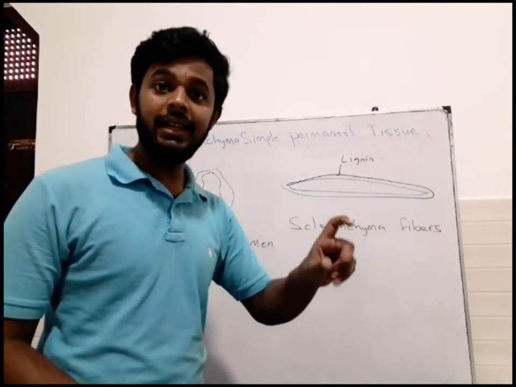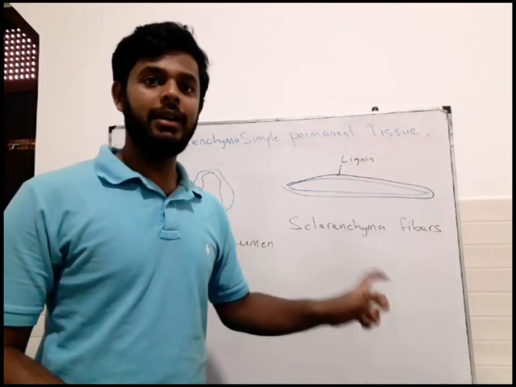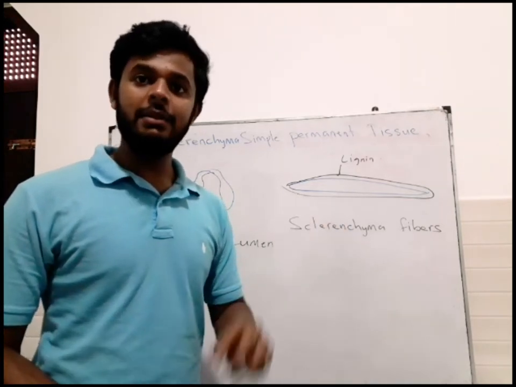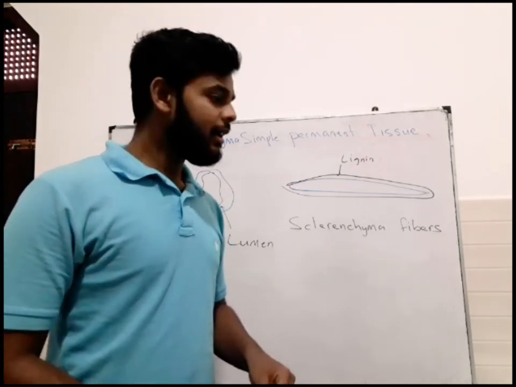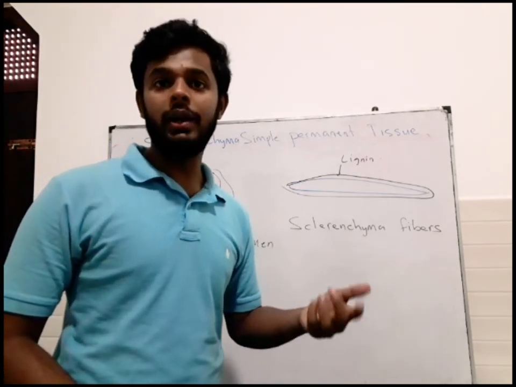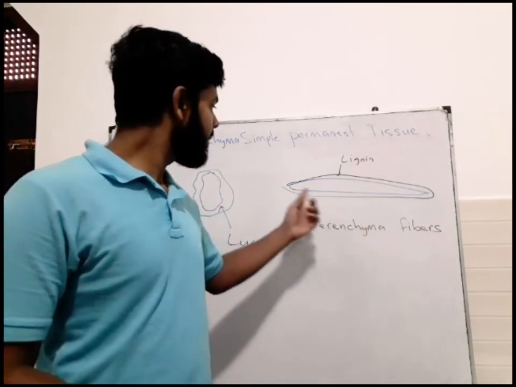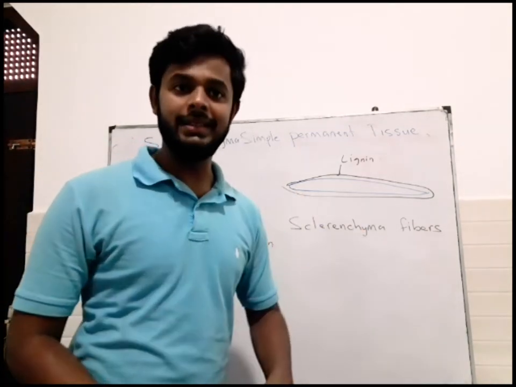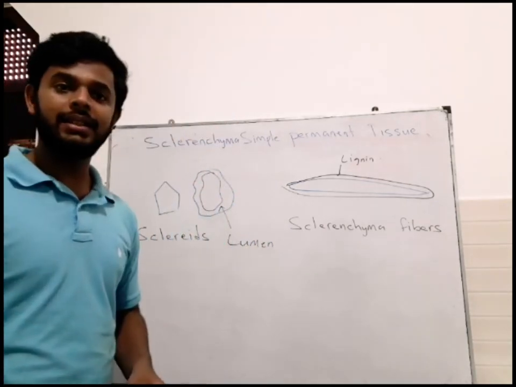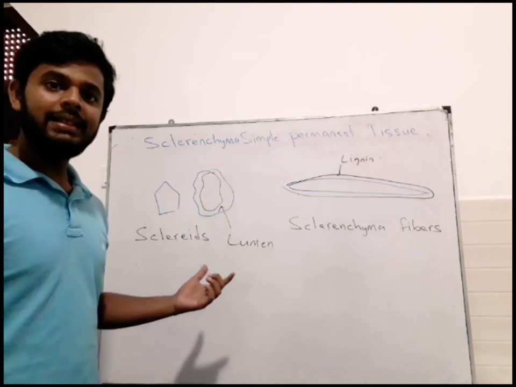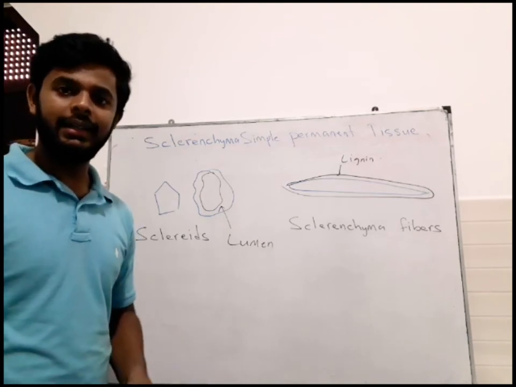The sclerenchyma fibers in xylem are called xylem fibers, and those in phloem are called phloem fibers. They can also be seen in coconut husk, which is a very good example of fiber made from sclerenchyma fiber cells. Sclereid cells are present in coffee seeds, date seeds and many other instances.